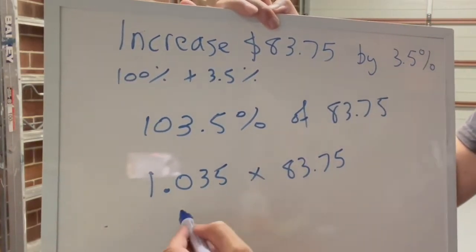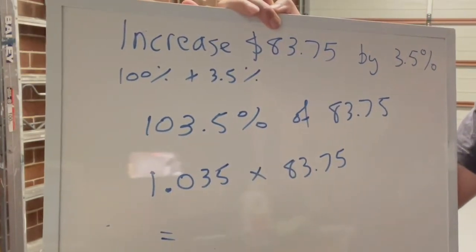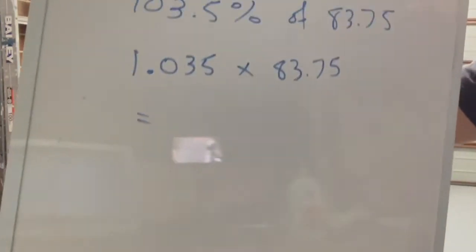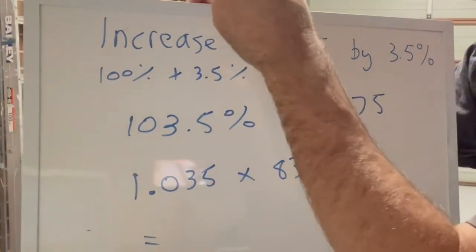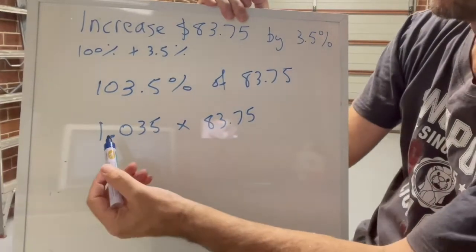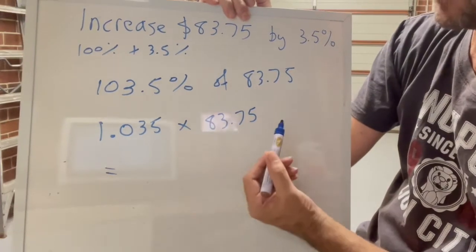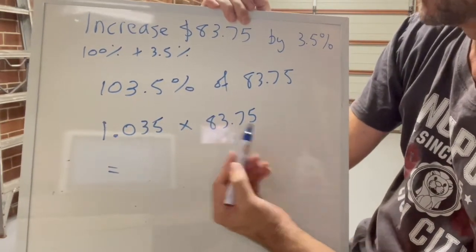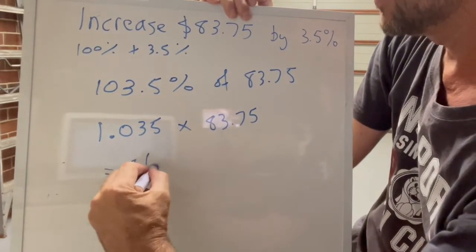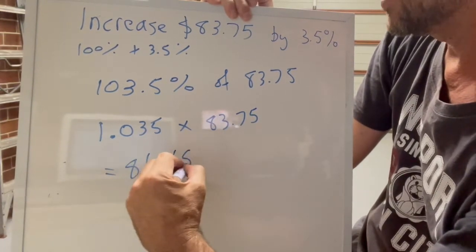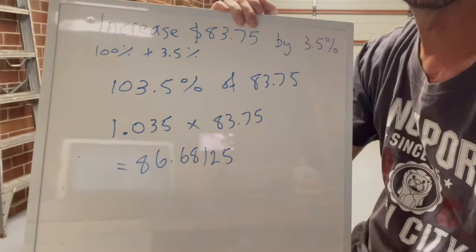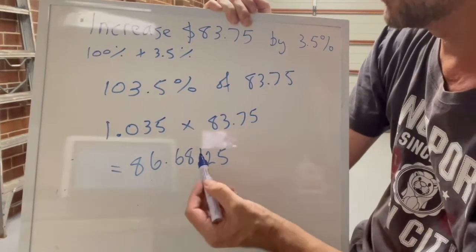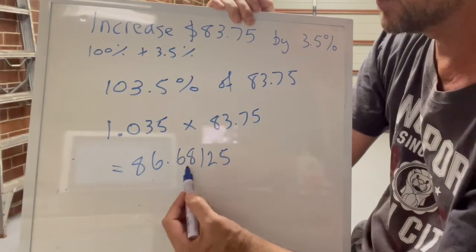And then from there, obviously, you would just solve that with your calculator. 1.035 times 83.75 will give you 86.68125, and we would round something like that off to 2 decimal places, so 86.68.